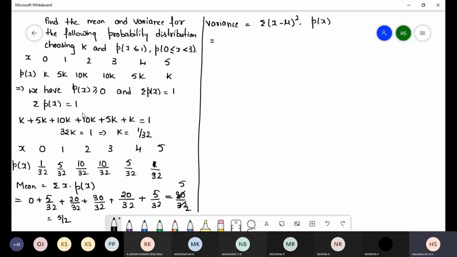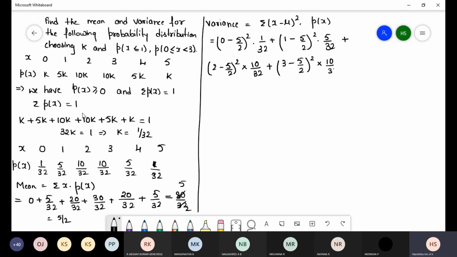So the first x value is 0, the mean value is 5 by 2: 0 minus 5 by 2 whole square into 1 by 32, plus 1 minus 5 by 2 whole square into 5 by 32, plus 2 minus 5 by 2 whole square into 10 by 32, plus 3 minus 5 by 2 whole square into 10 by 32, plus 4 minus 5 by 2 whole square into 5 by 32.